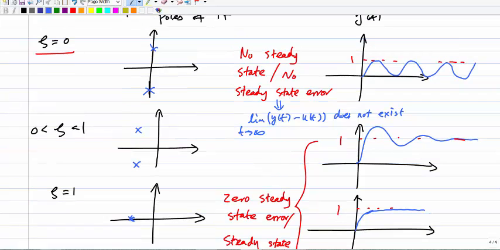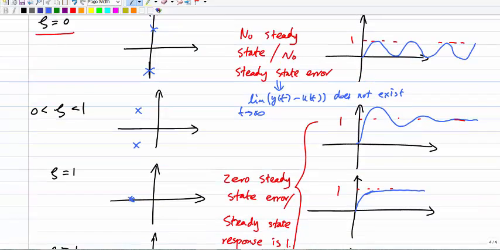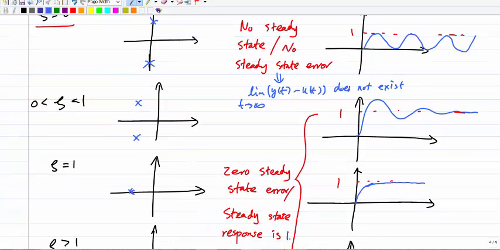Okay, so when theta is 1, this is called critical damping. We have repeated poles on the real axis, but of course the poles have negative real parts. So what happens? The system response will be somehow like this.